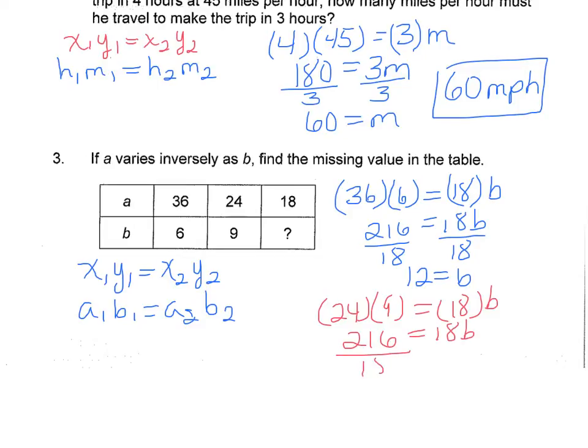Divide each side by 18, 12 equals B. So it actually didn't matter which value we put in for A1 and B1 because we got the exact same answer. All right, a couple more examples and we're done.